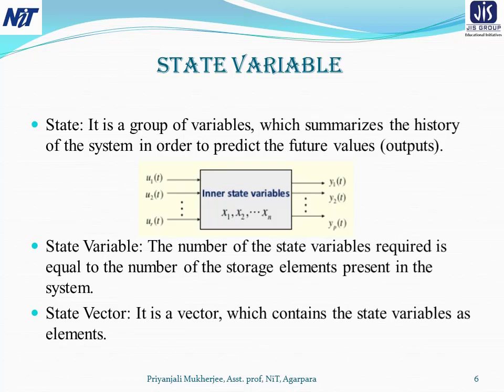So this vector is called the state vector, and the state vector can determine uniquely the system state x(t) for any time t greater than or equal to t0, once the state at t equal to t0 is given and the input u for t greater than t0 is specified.